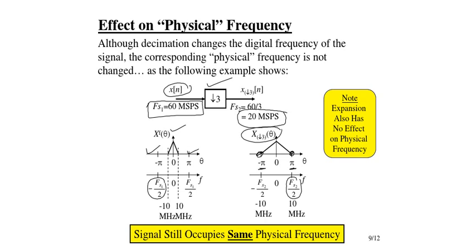Here fs was 60, so -pi to pi was actually -30 to +30, and here it is -10 to +10, right? So the spectrum is still in the same bandwidth, right? So the physical frequency is not changed by the decimation process, right? So this is one way of deriving this. Now I can tell you one more way of deriving it. There are many ways you can derive this decimation, and we can repeat that for the upsampler, right? That's not a difficult task.